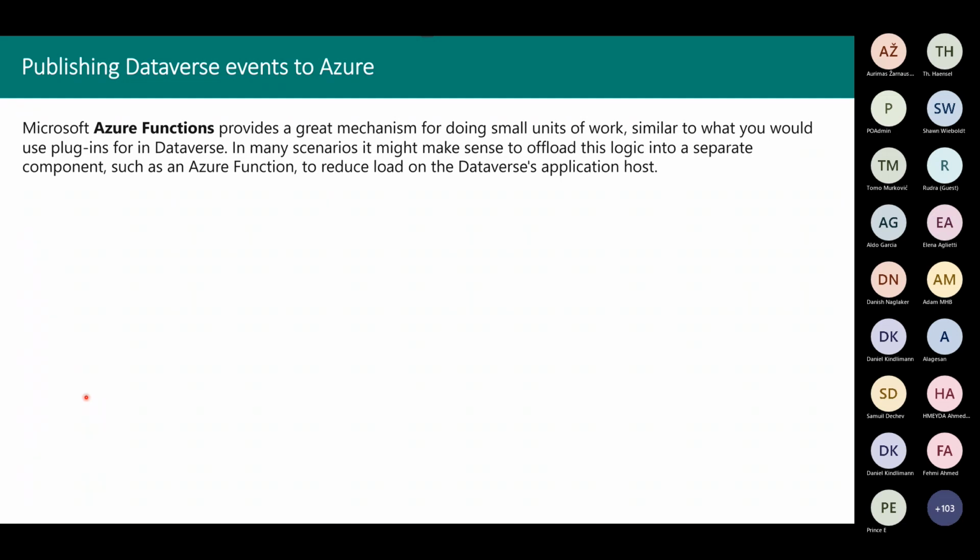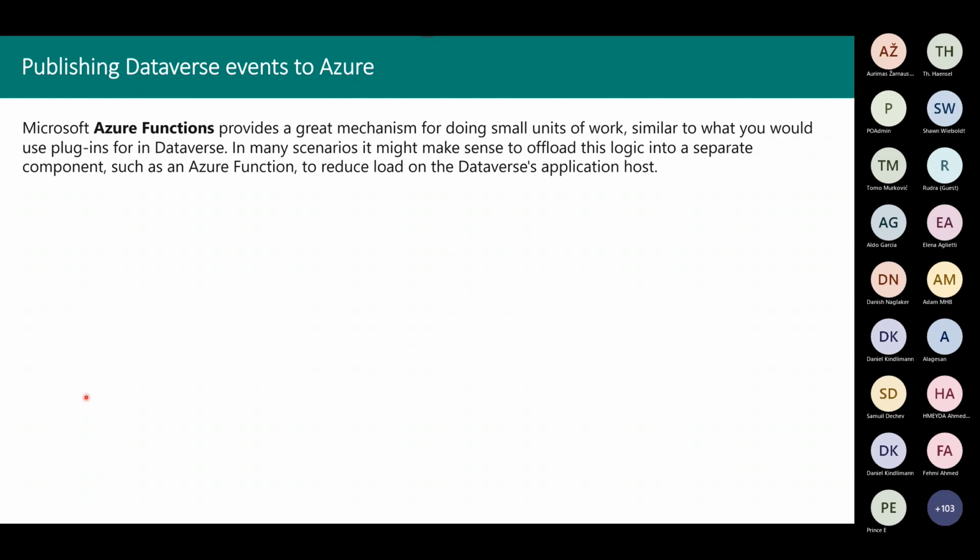So Azure Functions are one of the best ways to create code in the cloud. This code can be exactly the same code that you can write inside a Dataverse plugin, but in a lot of scenarios it makes a lot of sense to offload the plugin logic into a separate component in order to reduce the load on Dataverse.